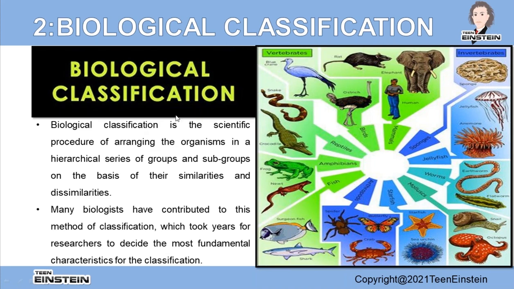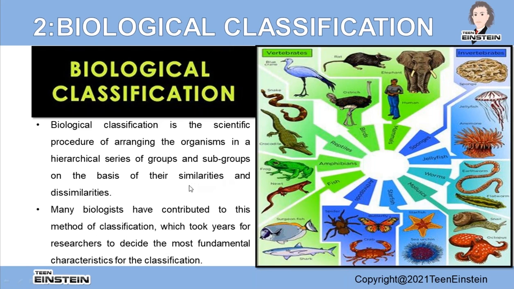So we need to classify all these organisms for our studies. How will we classify the organisms? For that, we follow biological classification. And what is biological classification? It is the scientific procedure we follow to arrange the organisms into groups and subgroups.